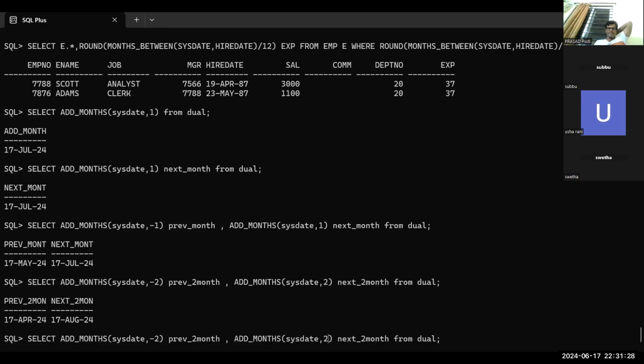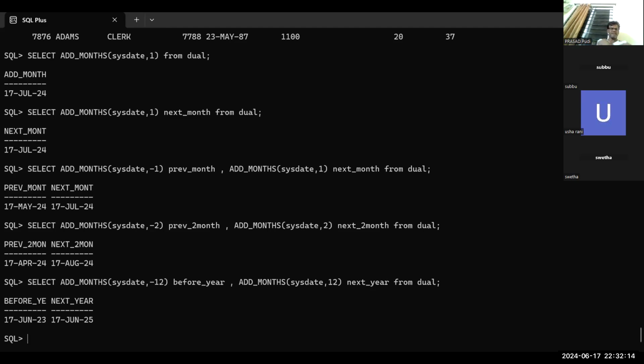Same way, if you want to add 1 year before or 1 year later, next year, exactly 1 year it will add. 17th June 23, 17th June 25.